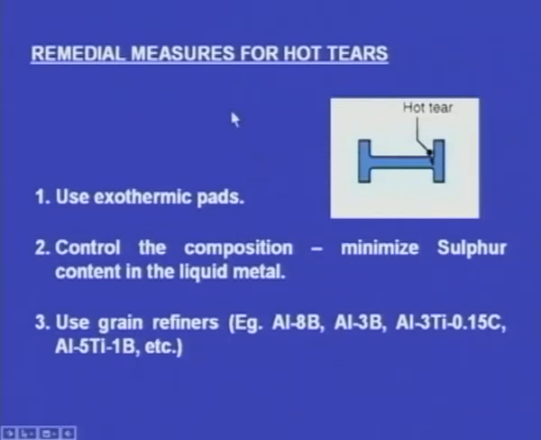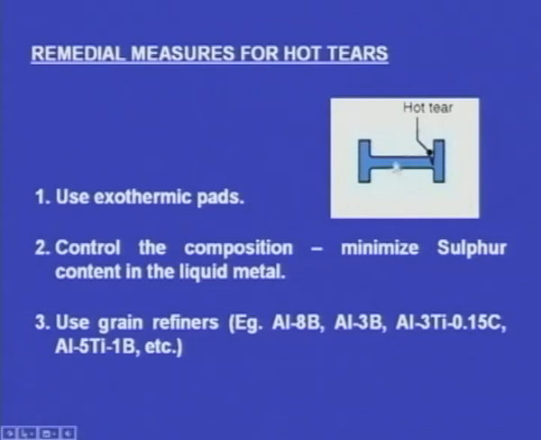And let us see the remedial measures for hot tears. Use exothermic pads. This is the casting, and we have already seen that this horizontal portion has frozen a little earlier than the vertical portions. If we can delay the freezing of this horizontal portion, then this shrinkage can be avoided.